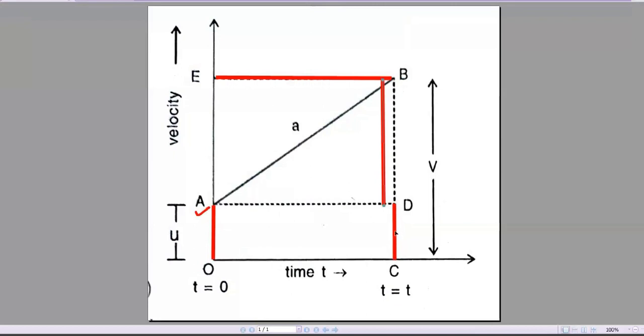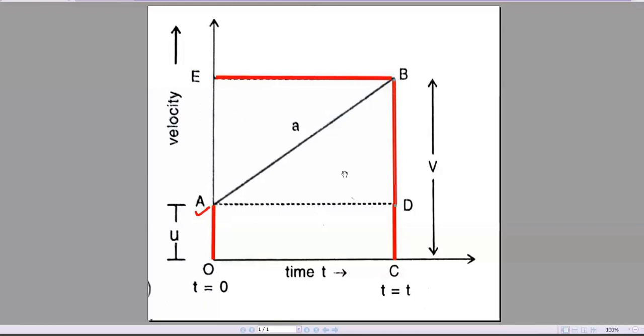This is initial velocity because DC is equal to OA, and we know that OA is initial velocity. Now, what we will do is we will draw parallel lines, that is AD, which is parallel to OC. So here AD is parallel to OC. We can see this.